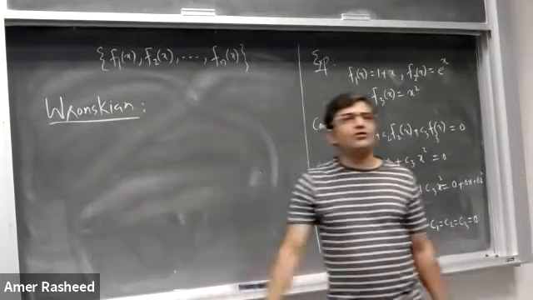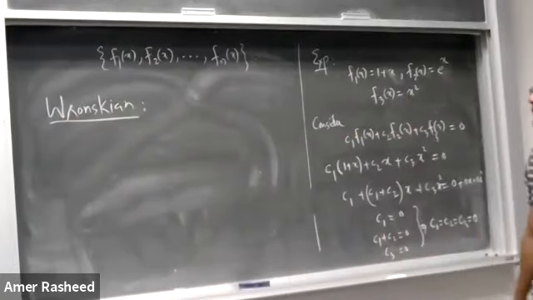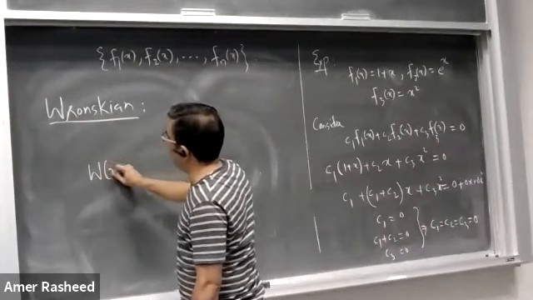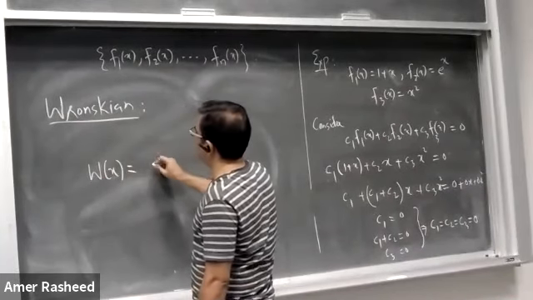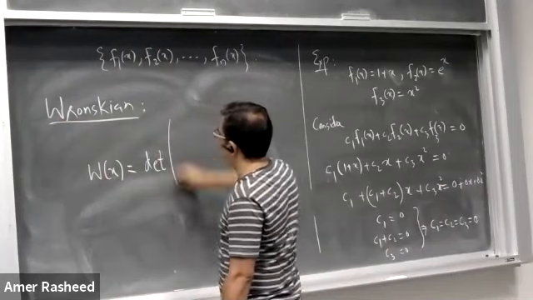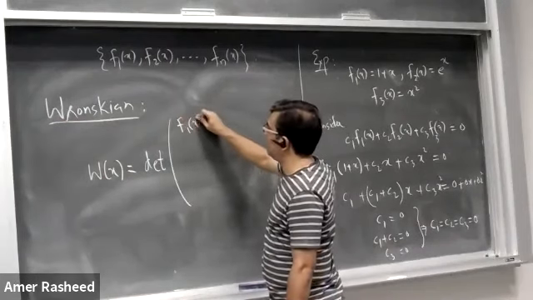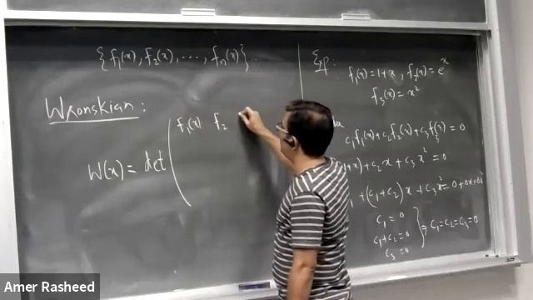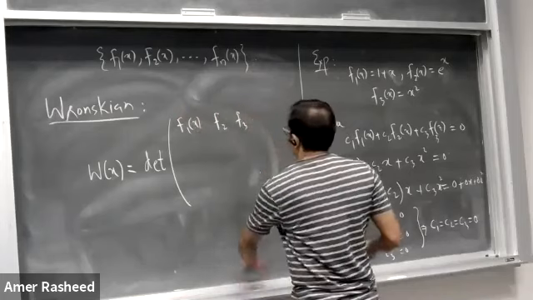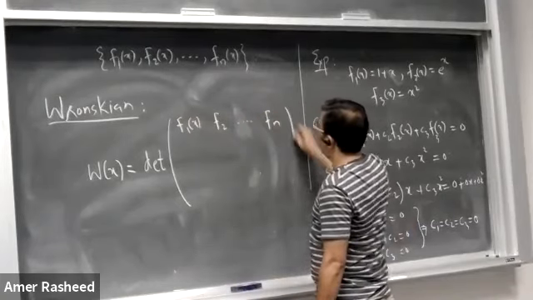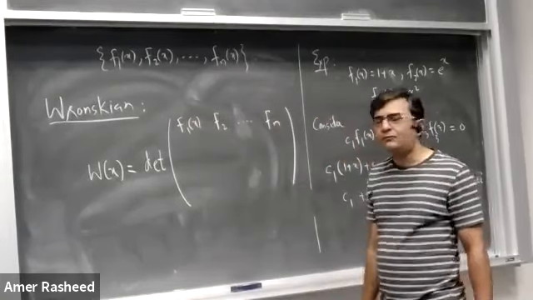In fact, the Wronskian is a determinant. We call it W of x, and it is the determinant of a matrix whose first row contains f1, f2, and so on, fn, only the functions.